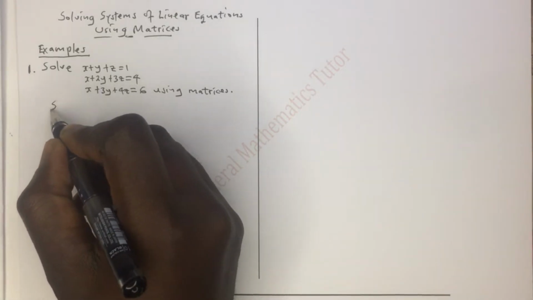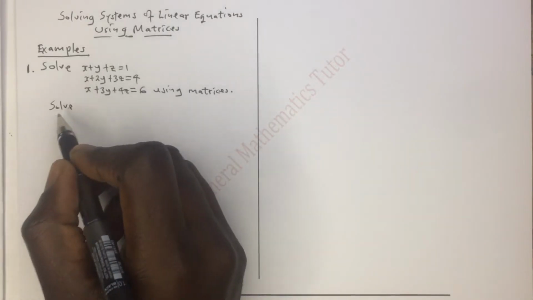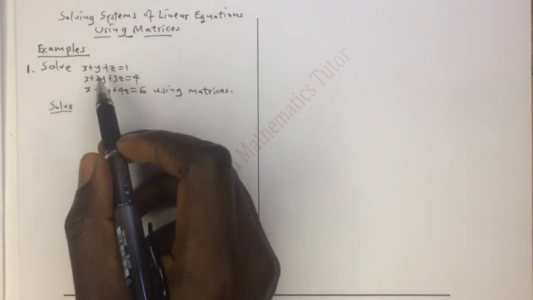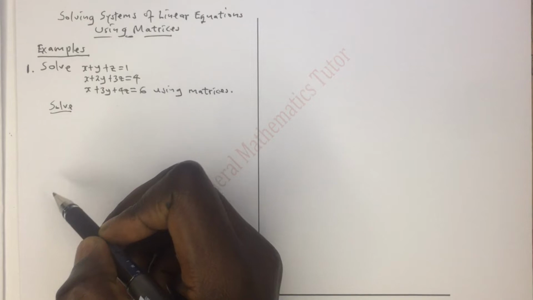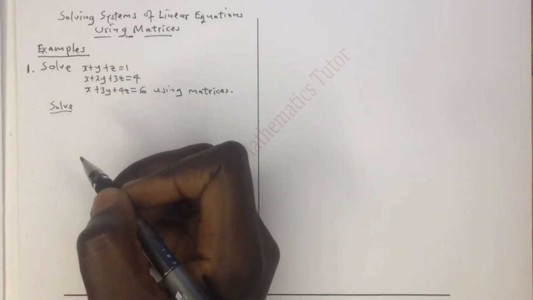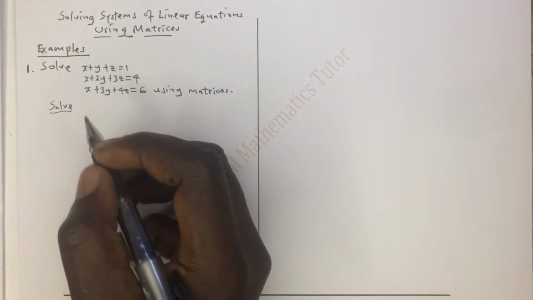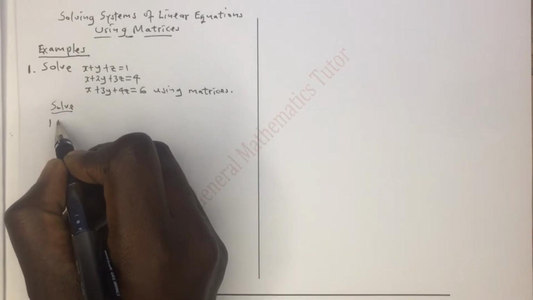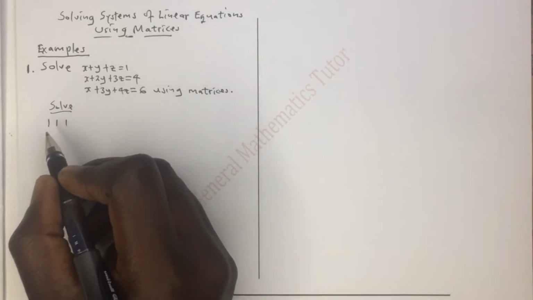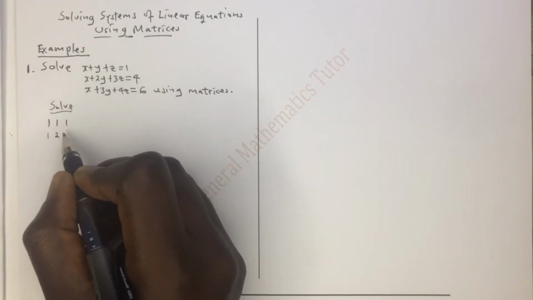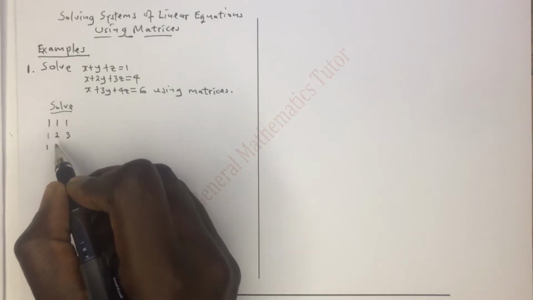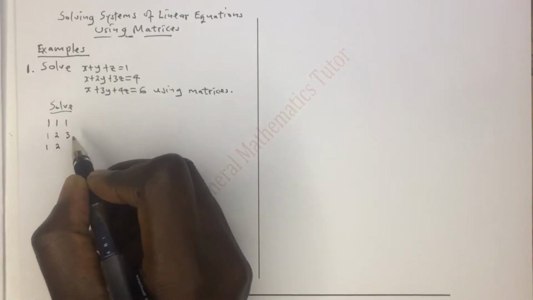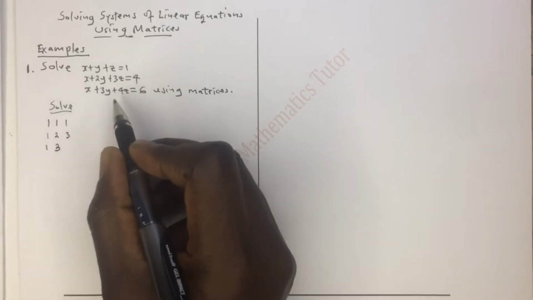So, the first thing that you're going to do is we are going to rewrite this equation in form of matrices, where the first matrix is going to be that of the coefficients of the variables. So that will be 1, 1, 1, 1, 2, 3, 1, 3, then 4.